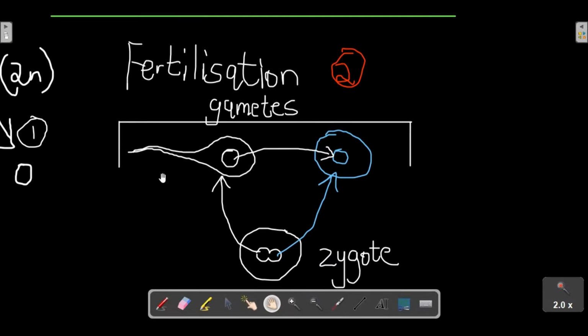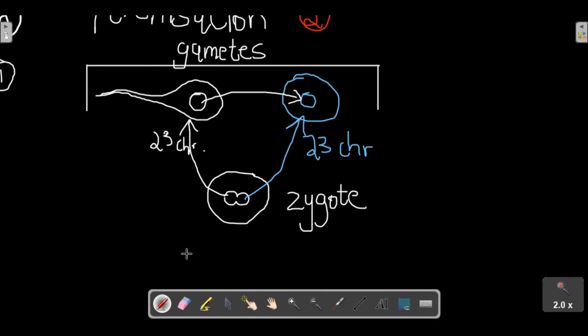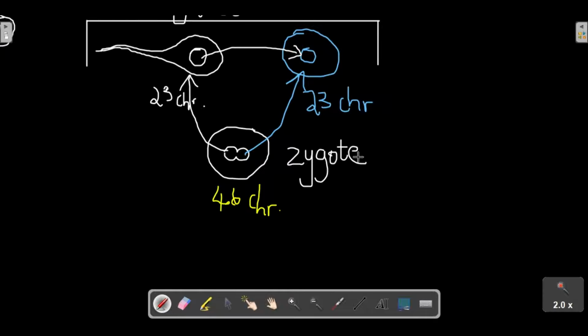So we produce these from body cells, guys. That would mean each gamete has 23 chromosomes, 23 chromosomes and another 23 chromosomes from the egg cell's nucleus. That makes up a total of 46 chromosomes, okay, in the zygote. Okay, and so that means the zygote is diploid. Okay, whereas these two are haploid.